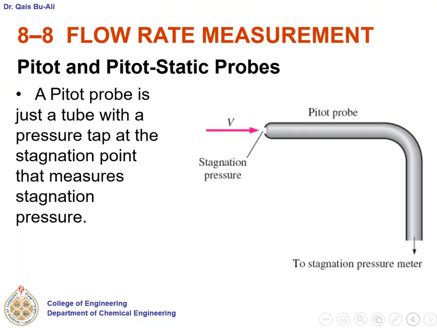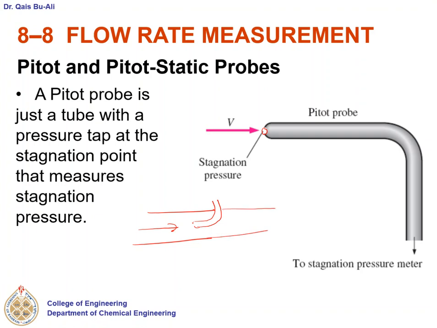It is called Pitot tube or Pitot probe. It is just a pipe that is open from one side, and it is facing the flow. You can think of it like this. This is the pipe. The fluid is flowing in this direction. Then I insert this probe like that, facing the fluid.